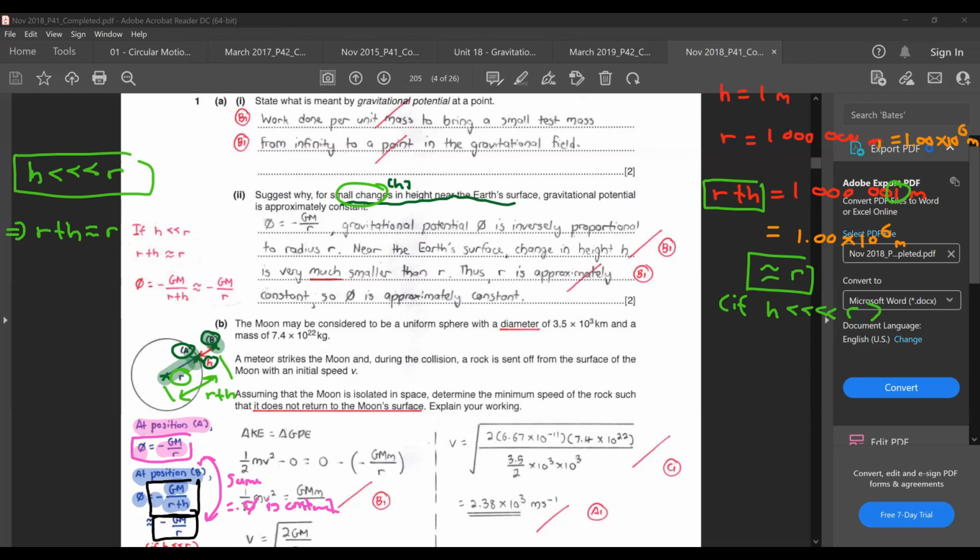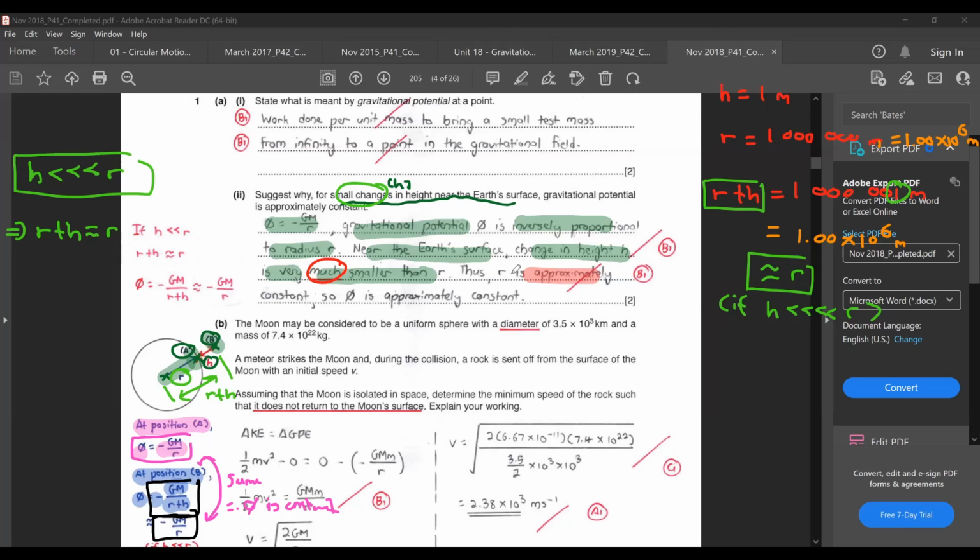So your answer will be something like this, where you say phi is negative GM over R, gravitational potential phi is inversely proportional to your radius R. Now, near the Earth's surface, your change in height h is very much smaller than radius R. You need to have the keyword much smaller.